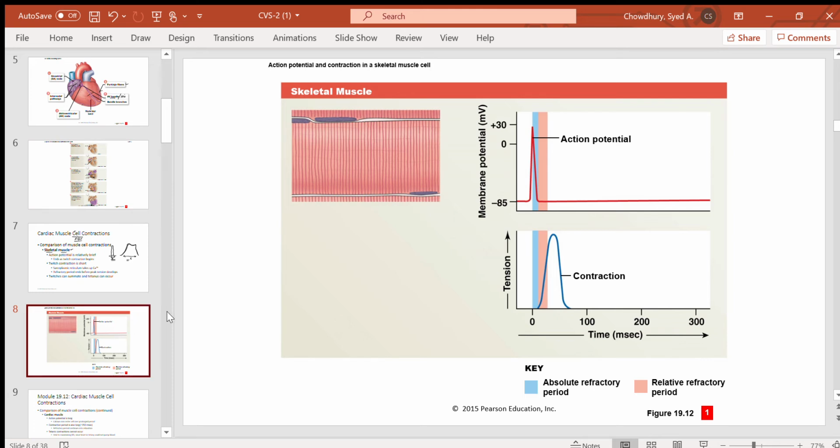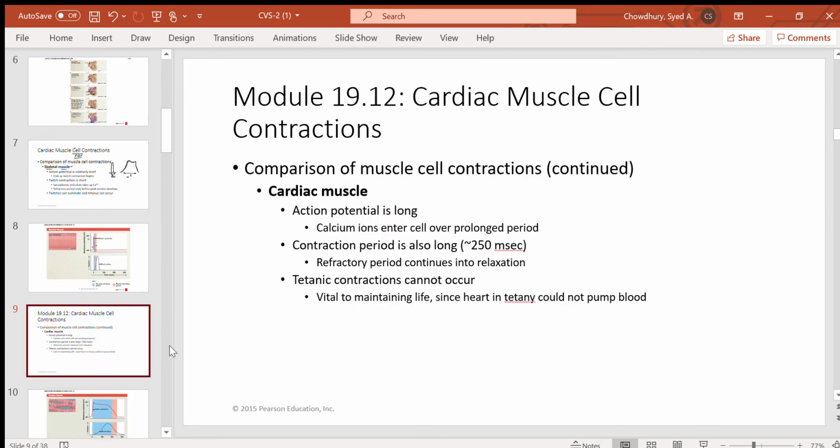You see that sharp rise, sharp drop, compared to the cardiac muscle. In case of cardiac muscle, the duration is long, and calcium ions enter the cell over a prolonged period, so slowly, and the contraction period is long, about 250 milliseconds.